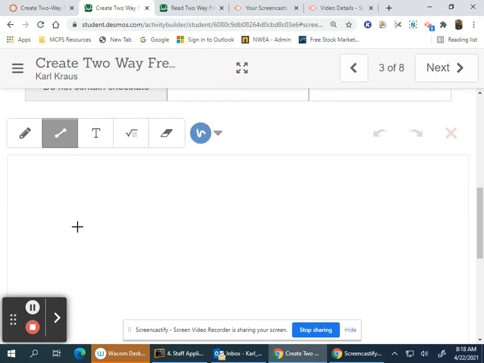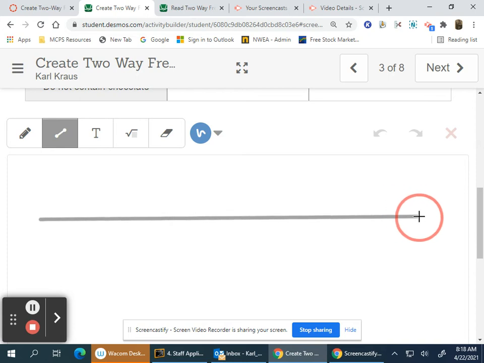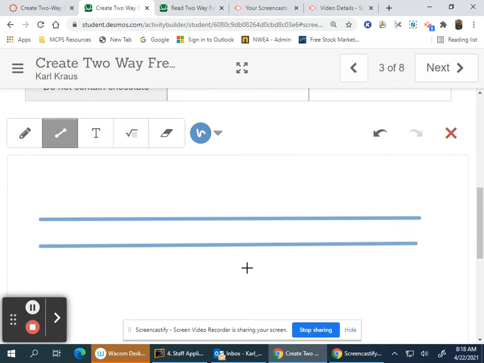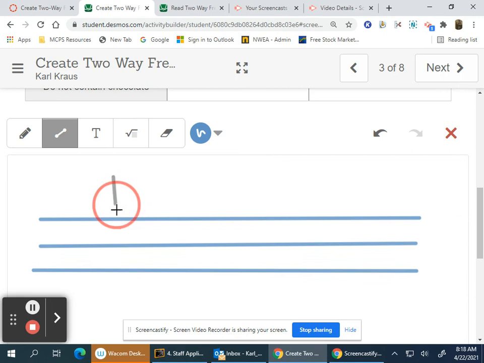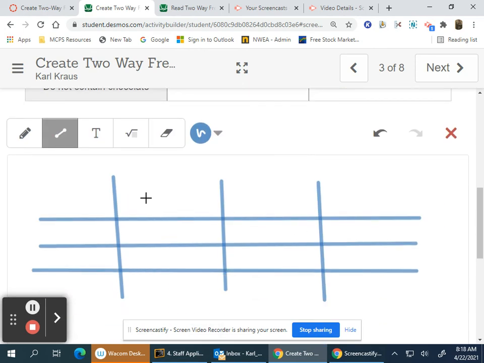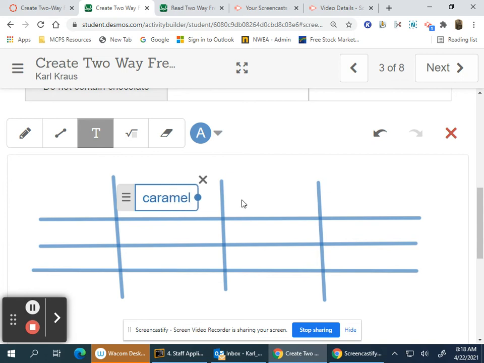So once again, I'm going to use this sketch box here. Whoops, it's not so vertical. And then caramel, or some people say caramel. Not caramel.